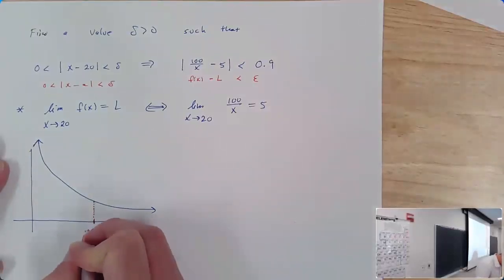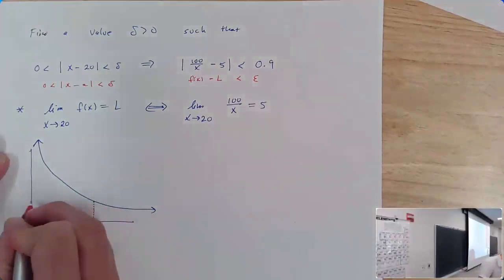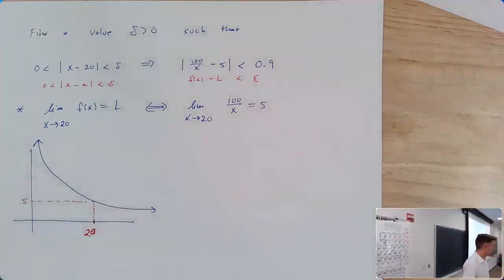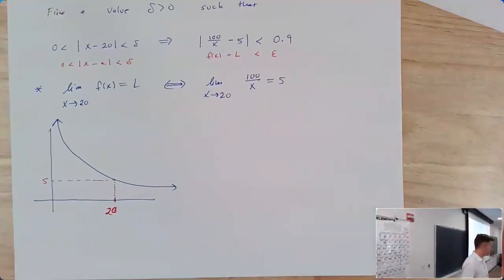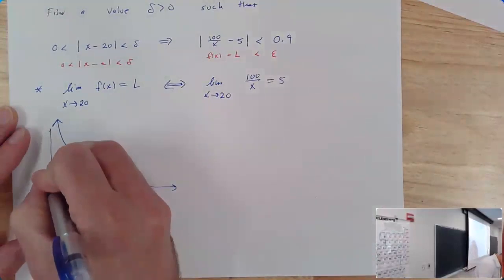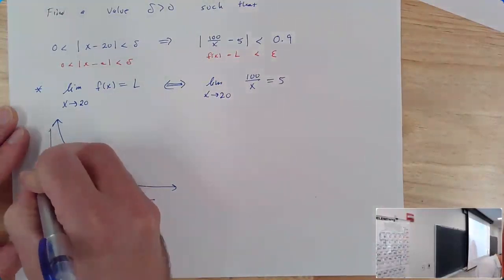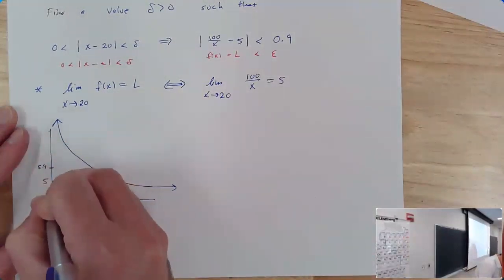The function should be getting close to 5. What we're asking is, how close to 5 do we want to be? In this specific problem, what's our epsilon? Right, so we want to be either 0.9 above or 0.9 below.